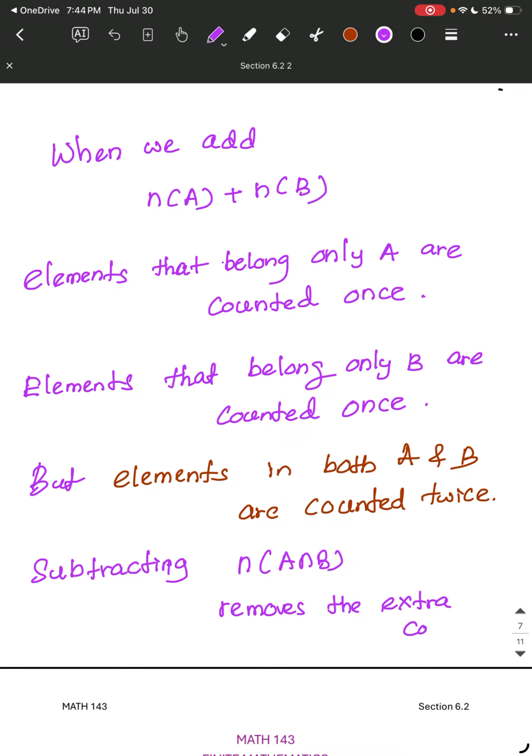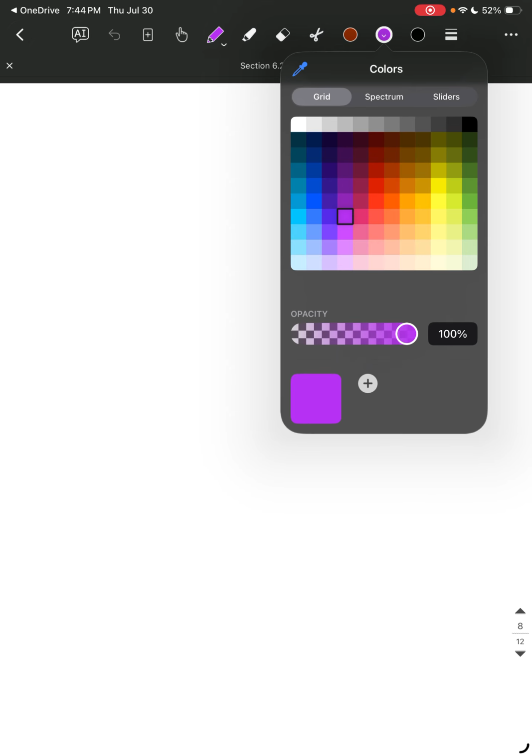Okay, let's see the example. Let set A be 1, 2, 3, 4, 5 and set B be 4, 5, 6, 7.